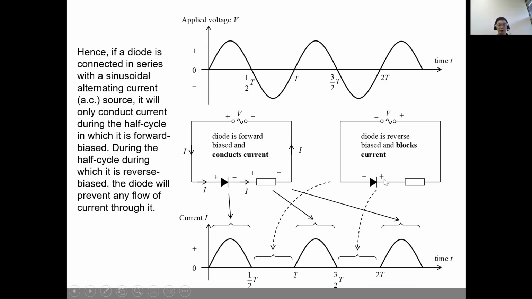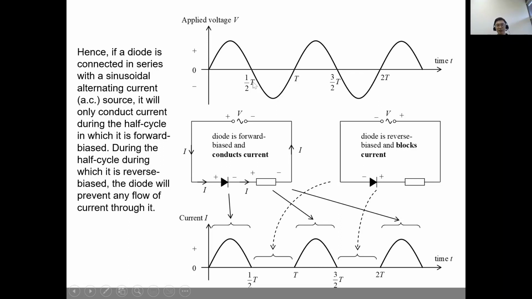Hence, if you connect an alternating voltage with a diode and a resistor, what happens? Whenever the voltage is positive, the diode conducts the current. So if you put an ammeter here, you'll measure a current.